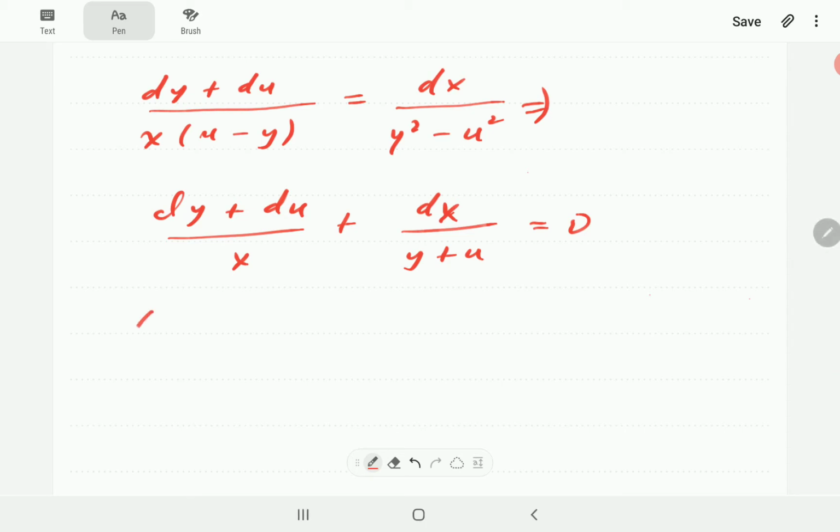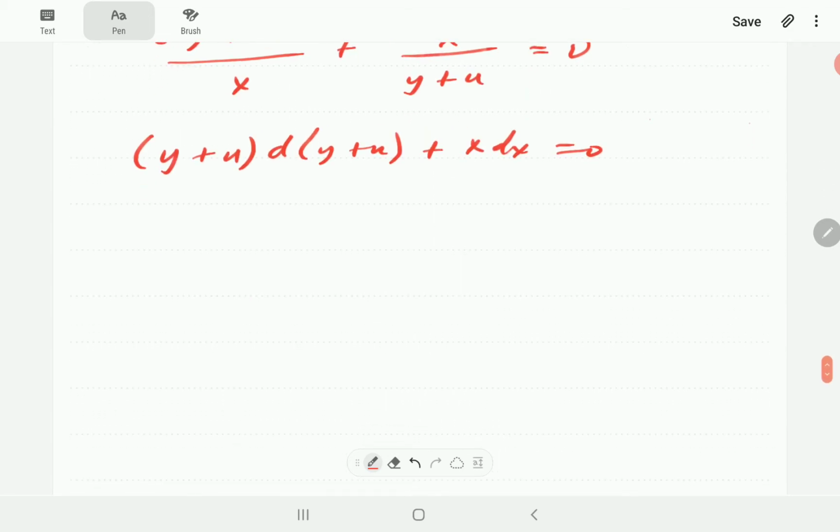And then this we can write as y plus u dy plus u plus x dx equal to 0. Then integrating this, we are going to find that psi is x squared plus y plus u all squared equal to C2, where we have cleared out the common factor of 1/2.